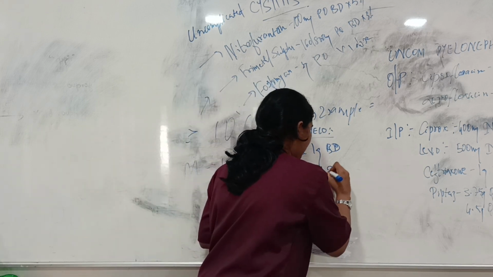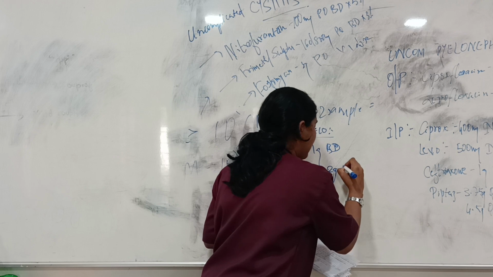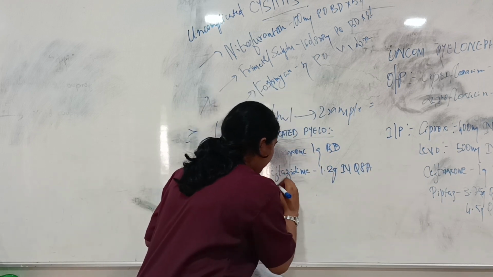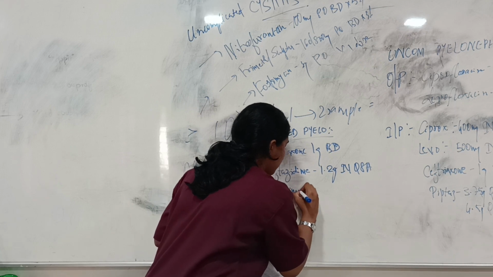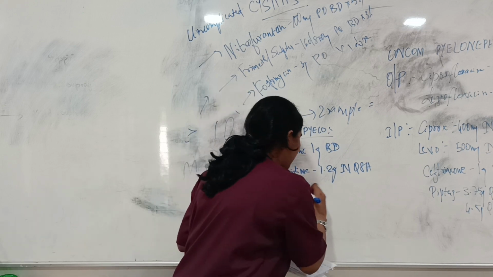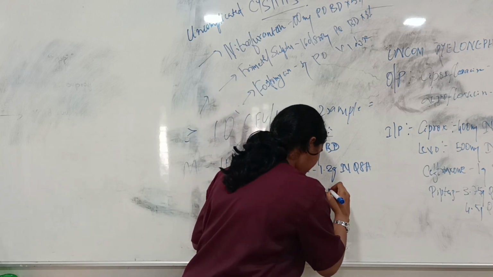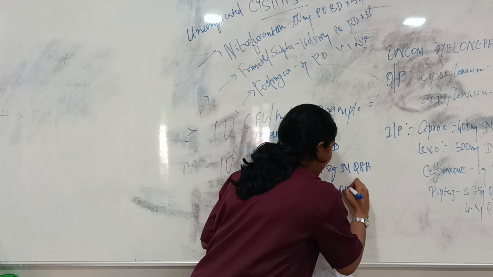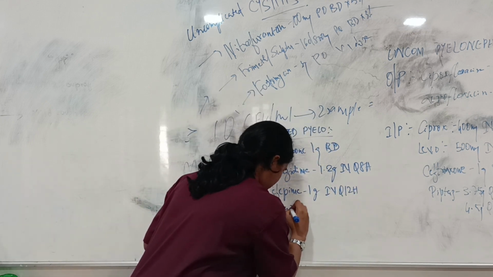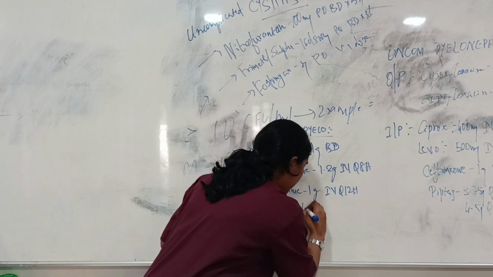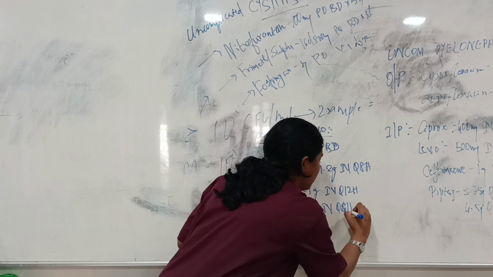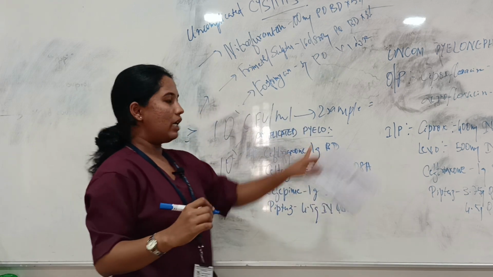Ceftazidime 1.2 grams IV every 8 hours. Cefepime class, fourth generation. Good. 1 gram IV every 12 hours. Next is Pip-Taz, 4.5 grams IV every 8 hours. Okay. This is for complicated pyelonephritis.